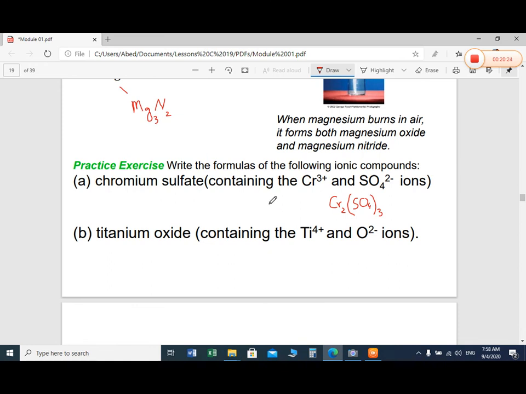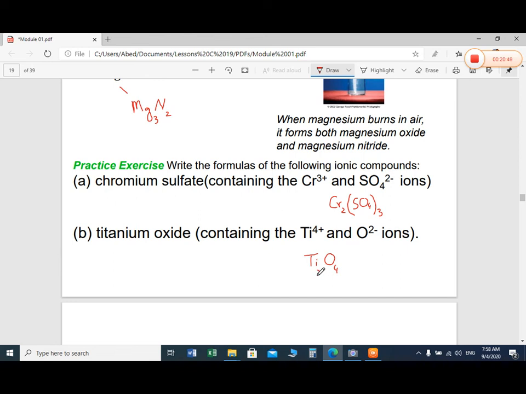Now the last example here, titanium dioxide. Titanium is tetravalent, so titanium will come first because it is a cation, and the oxide is next, but oxygen will be 4 because titanium has 4 charge, and titanium is 2 because there are 2 charge on the oxide.